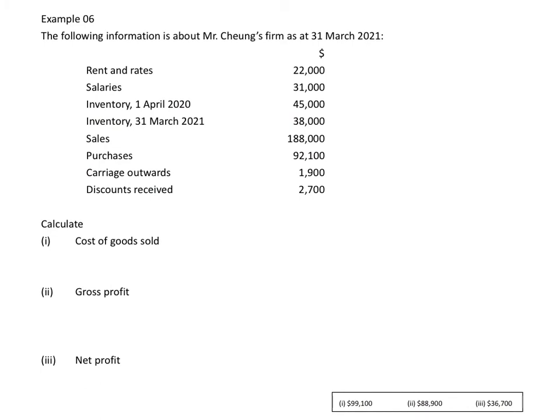So from this example 6, you'll find we need to calculate three things, including the cost of goods sold, gross profit, and the net profit. First start with the cost of goods sold. For the cost of goods sold, we need the formula: opening inventory plus the purchases minus the closing inventory.